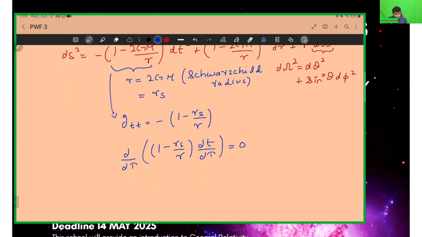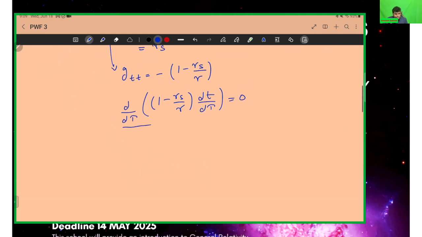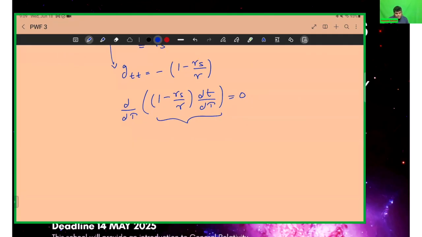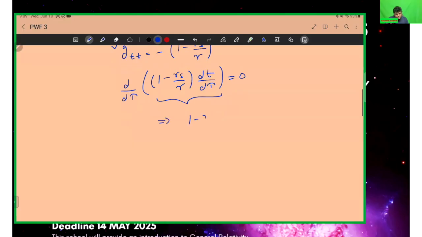If this quantity has a zero derivative with respect to the proper time, it means that it is constant. So (1 − r_s/r) dt/dτ is a constant, and let's call that constant E. This E is sometimes called the relativistic energy per unit mass.